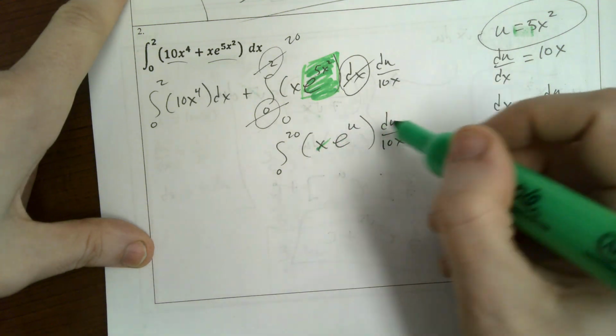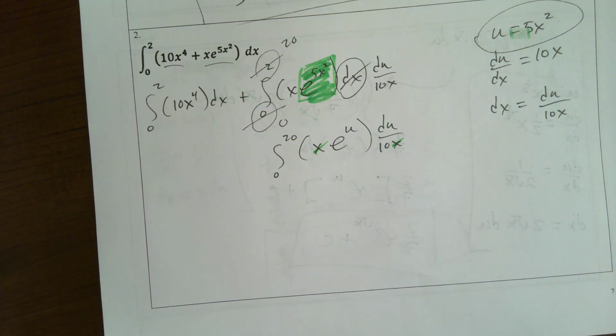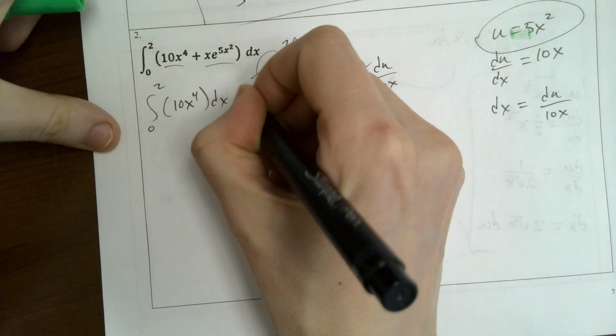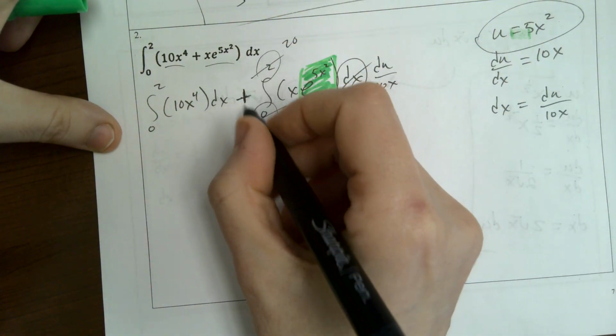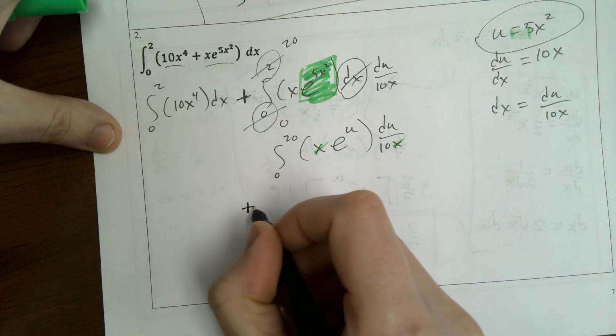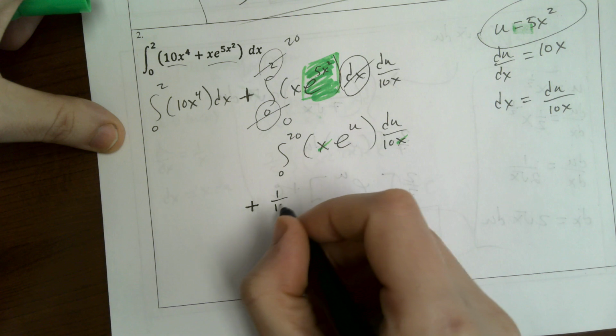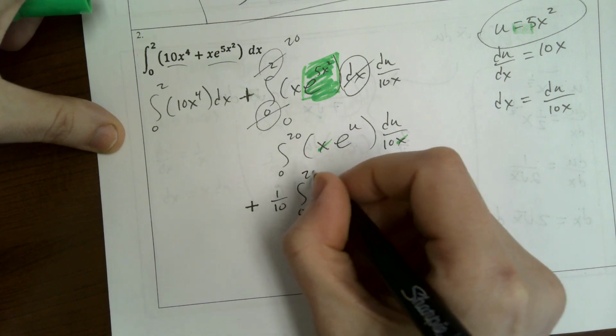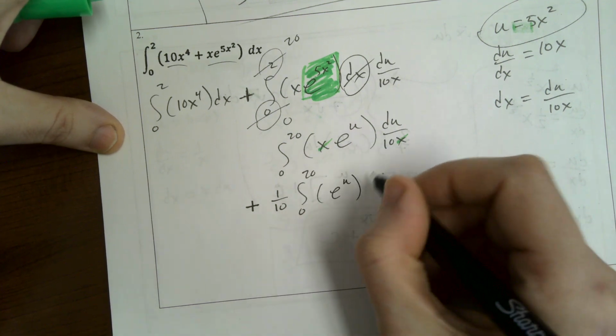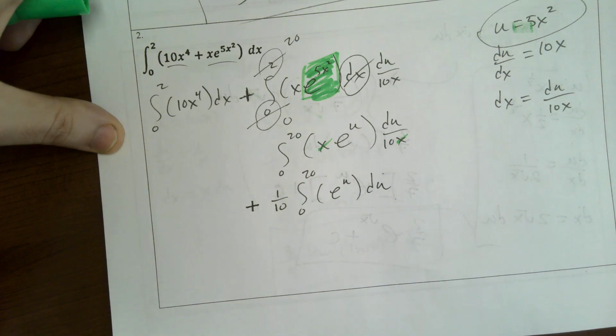So these are canceling completely. And I'm going to pull out a 1/10. This plus sign, I'm going to carry it down. So I'll pull out a 1/10 integral from 0 to 20 of e to the u du.